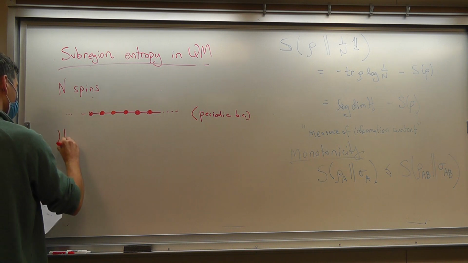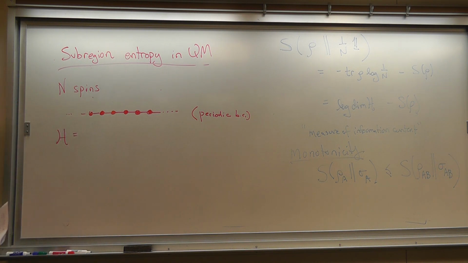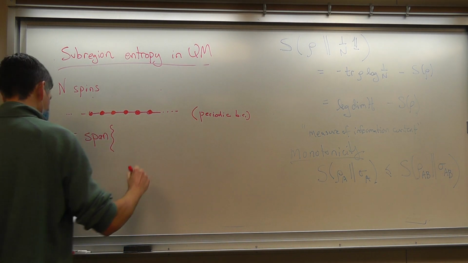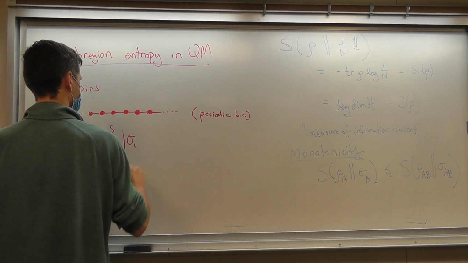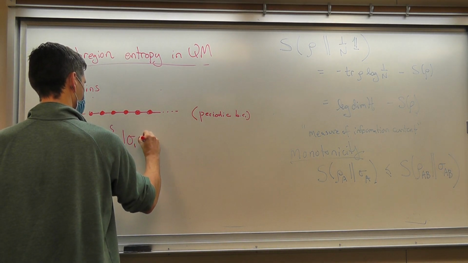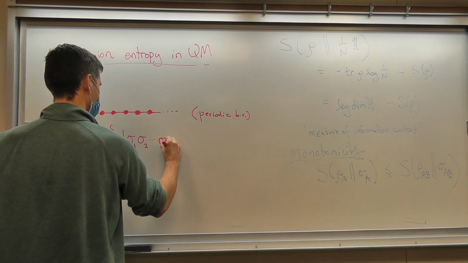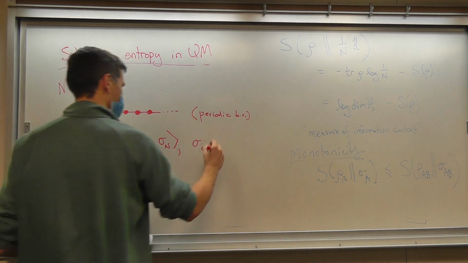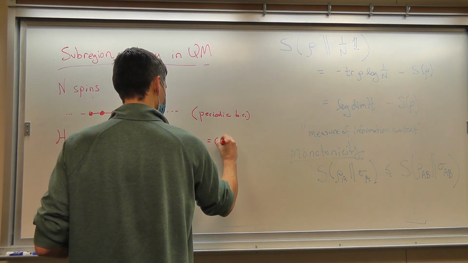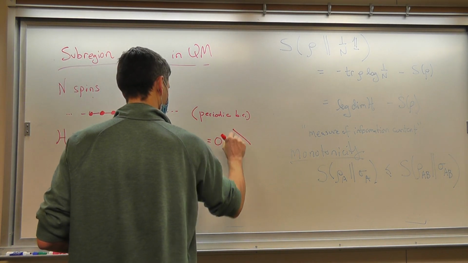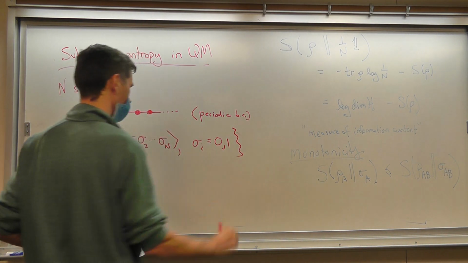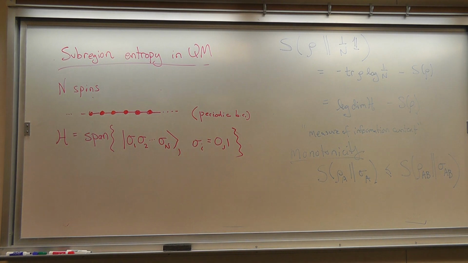The Hilbert space of this chain is the span of the states sigma 1, sigma 2, dot dot dot, sigma n, where each of the spins is either up or down, which I'll call 0 or 1. So you can think of them as spins or think of them as qubits.